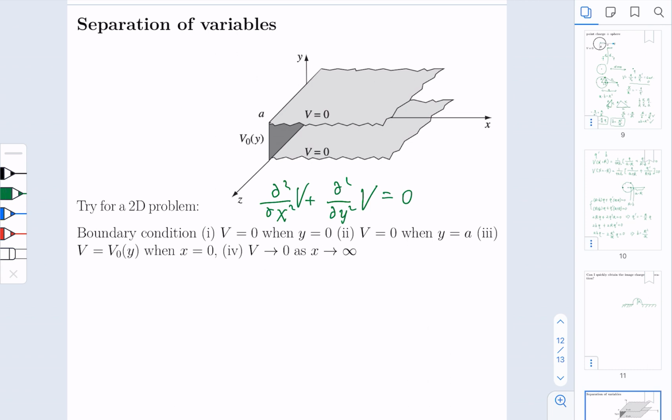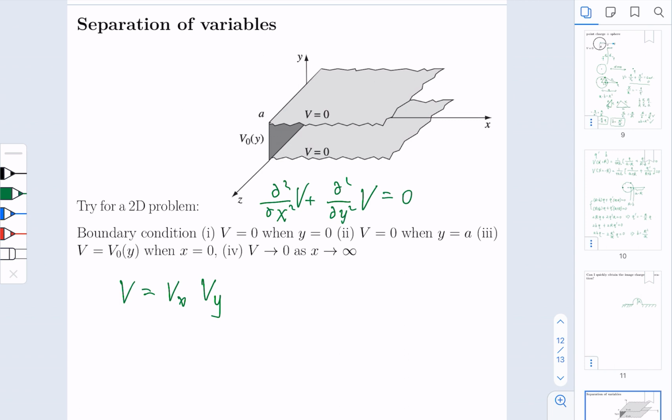We assume that v can be written as the product of two independent solutions. That is, one is the solution that only depends on x, and another is the solution that only depends on y.